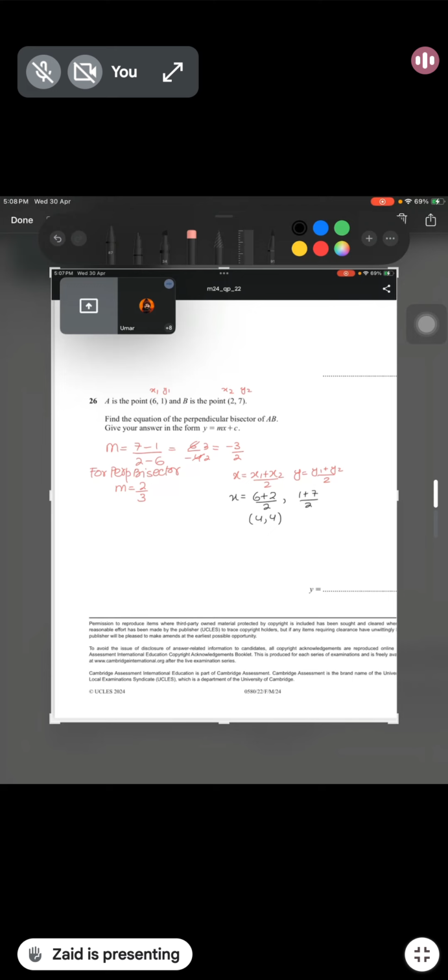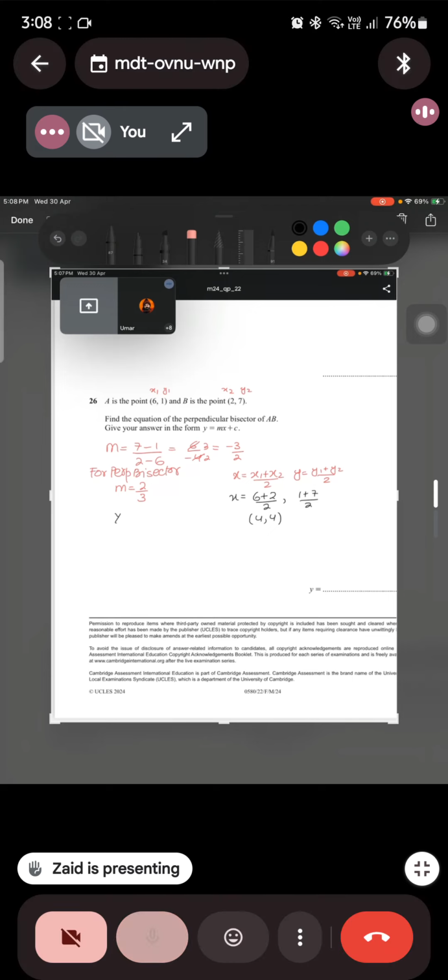Now to find the value of c, what we do? We put this into y equals to mx plus c. So y is 4, m is 2 over 3 into 4 plus c. 2 4s are 8 upon 3. So I just cross multiply this. This becomes 12 minus 8 over 3. So my c is coming out to be 4 over 3.